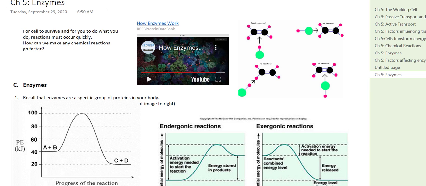All these chemical reactions that we're talking about, these metabolic pathways, these series of steps, exergonic, endergonic, whatever they are, have to occur at substantial rates in order to produce the amount of product that we need to keep the cell functioning and ultimately the organism.